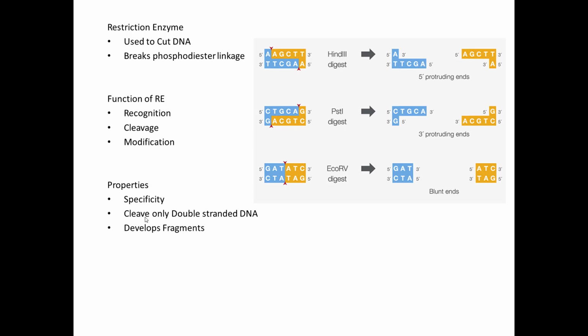And the sticky ends are very easy for ligation. After the restriction enzyme, we have to do the ligation to form the recombinant DNA, and for that the sticky ends can be ligated easily. The blunt ends are difficult for the ligation.